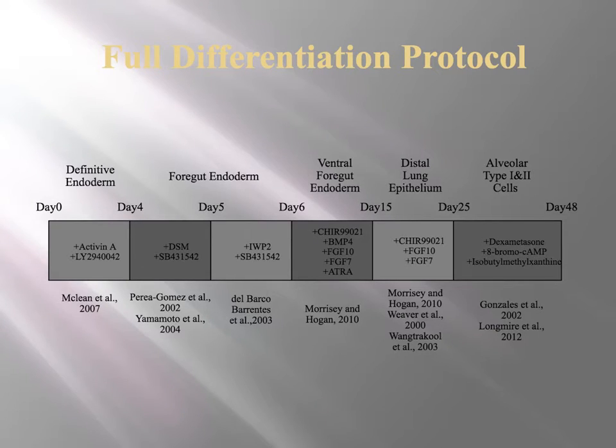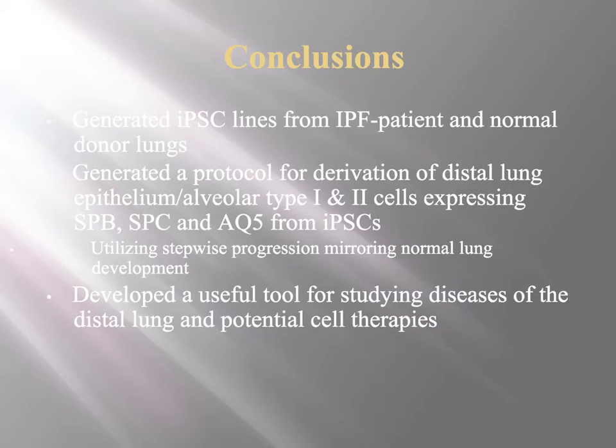So this is the final protocol that we have generated, and so let's move on to some of the conclusions. In conclusion, we have generated iPSC lines from IPF-affected patients as well as normal donor lungs.